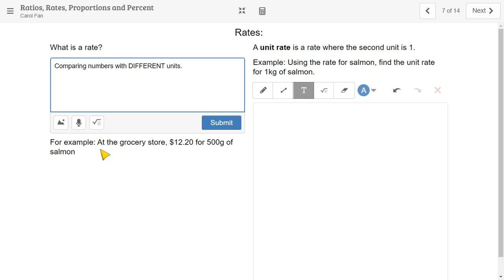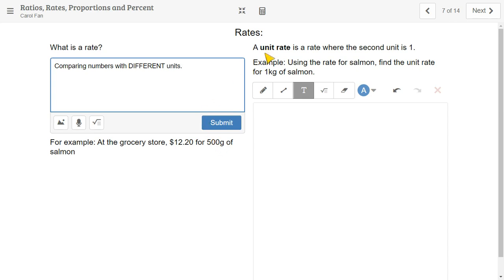If we're talking about the grocery store, I could say that I spent $12.20 for 500 grams of salmon. We have two numbers here. They're related, but there are two different units. The dollar sign to represent the dollar, that's our first unit, and the second unit we have is grams.